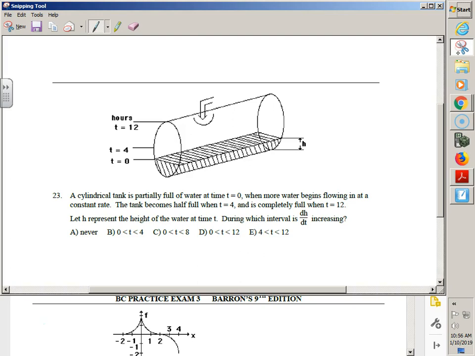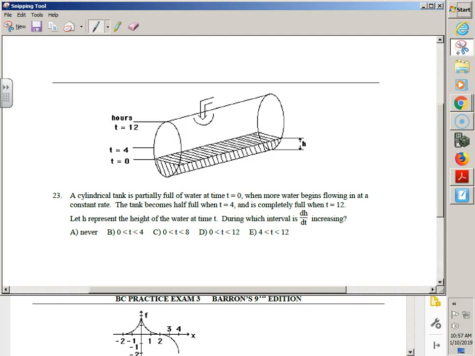Does that make sense? The height is going up the whole time. The question is how fast the height is changing. So it's going up slower, slower, slower, then faster, faster, faster. All because of the shape of the tank.